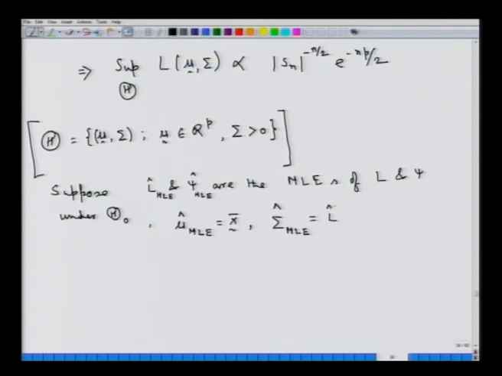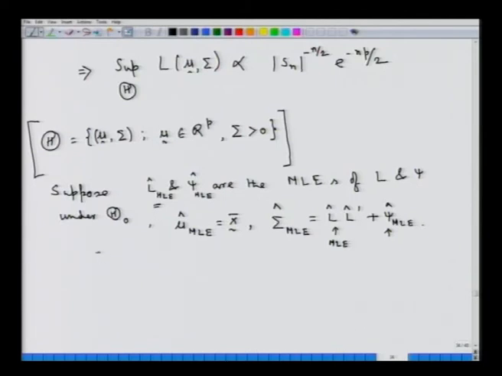We will have this as L hat L hat transpose plus psi hat, where this is the maximum likelihood estimator as we have given here. This also is the maximum likelihood estimator, right.